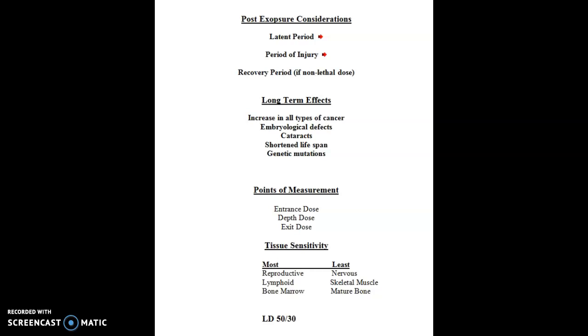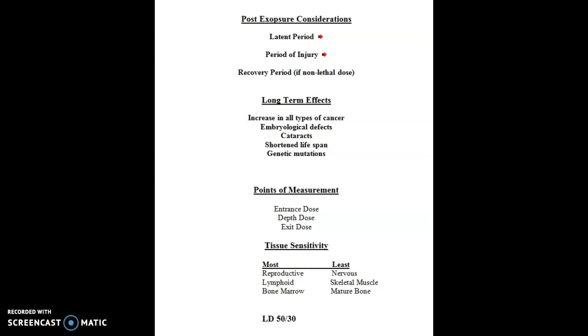A genetic mutation means that either the egg or the sperm was hit with radiation and it changed the genetic blueprint. So when that egg is fertilized and the offspring is born, they have that mutation, but it's encoded in the blueprint of their DNA.